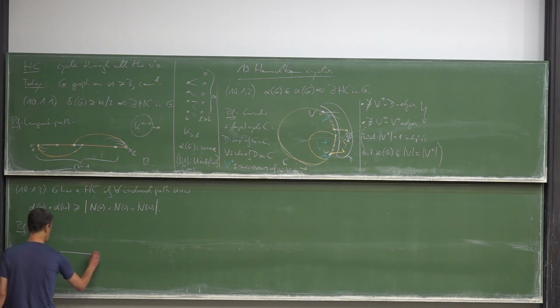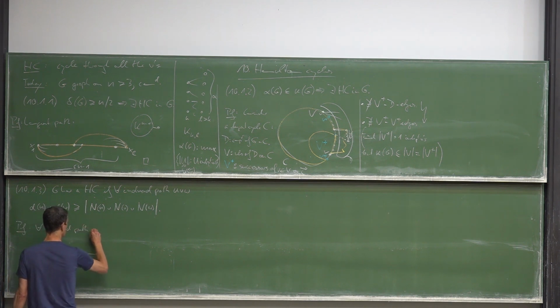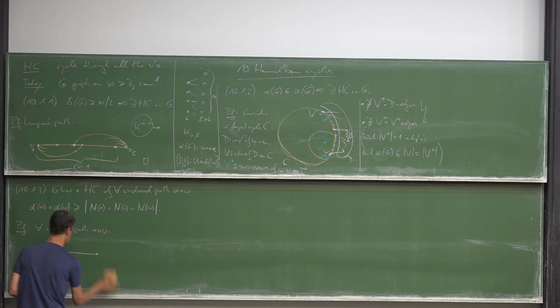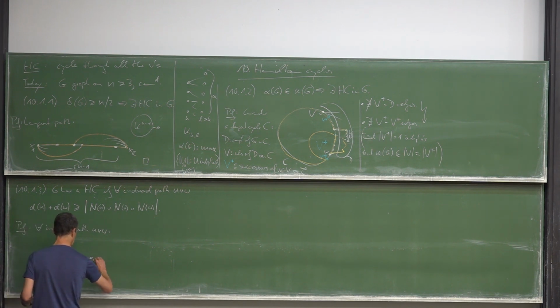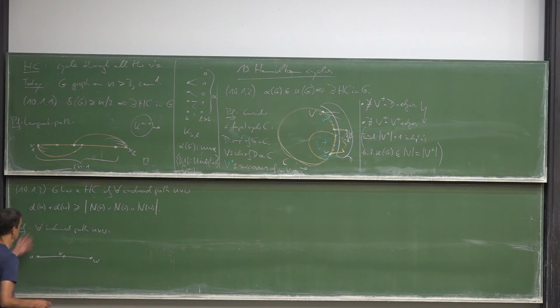So we have this path, or for every induced path U, V, and W, let's look at their neighbors.